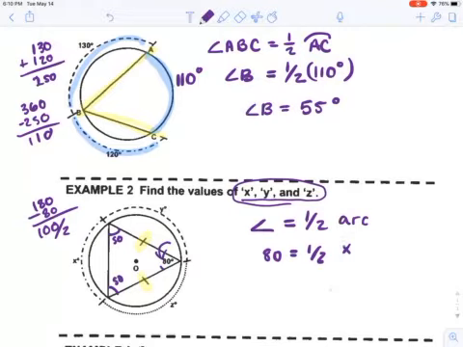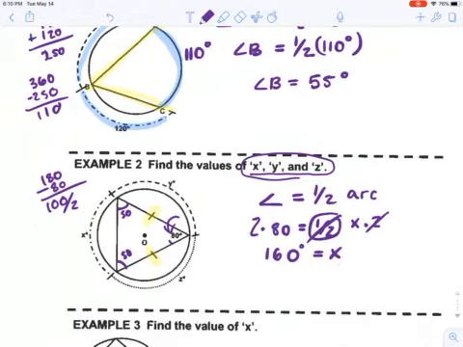And so if I want to solve for x, I can divide by 1/2 or just multiply both sides by 2. If we multiply both sides by 2, here the 2 cancels out with the fraction. It's gone. And 2 times 80 is 160 equals x. Or another way to think of this is 80 is half of what number? 80 is half of 160. So x is 160 degrees.